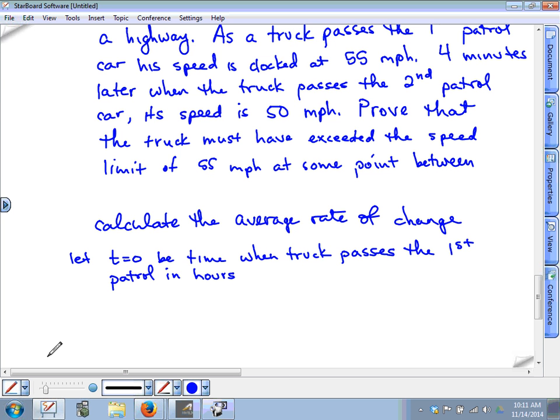Come on, focus. If time equals 0 when the truck passes the first patrol car, in hours, when did the truck pass the second patrol car? In hours.